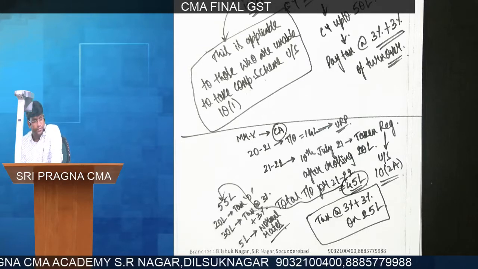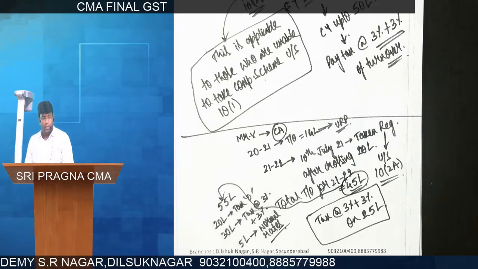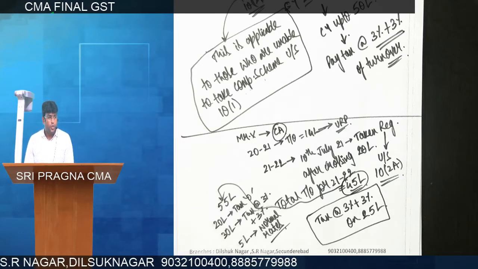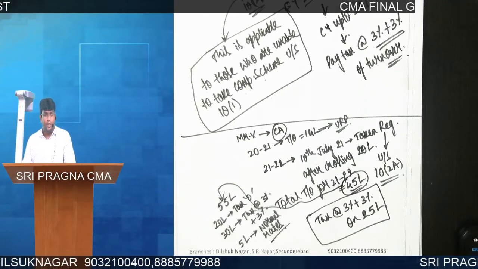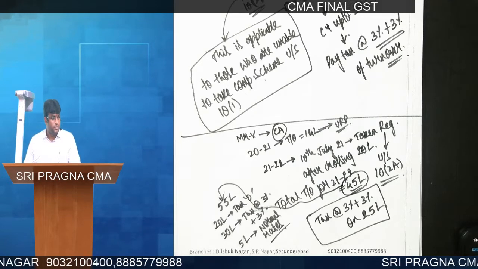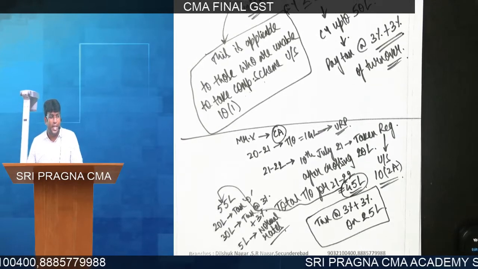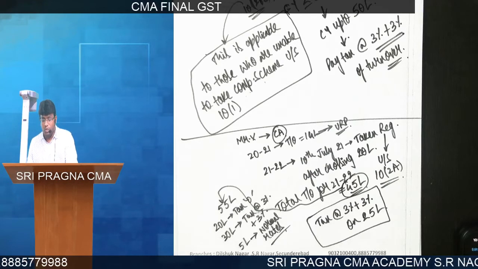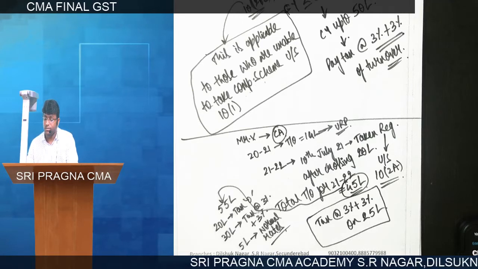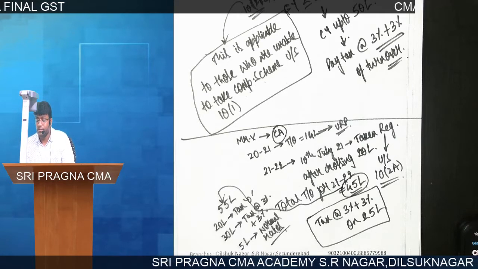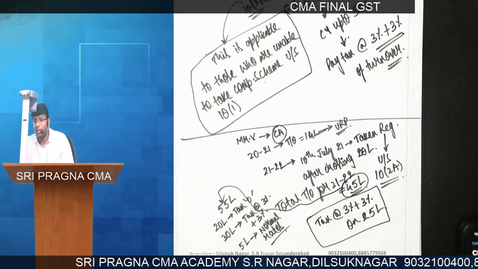A composition registered person should mention that he is a composition taxable person on the invoice.